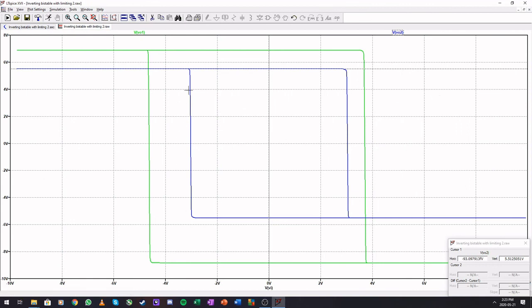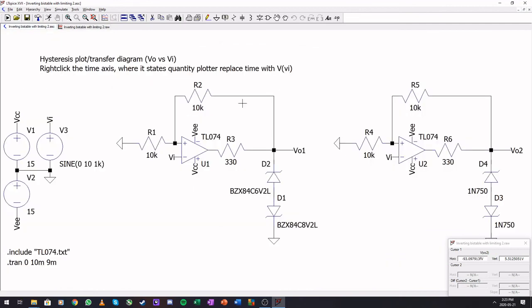We can set our triggers then, and our triggers will be a little bit more stable if we use diodes instead of just the rail voltages. Because here I can now change the rail voltages and this will still function correctly. In the other cases, if we change the rail voltages, our triggers will change.